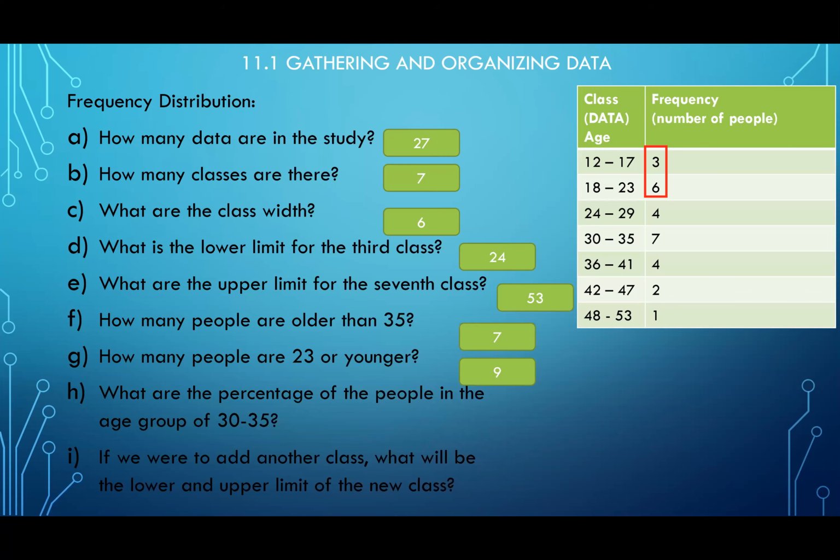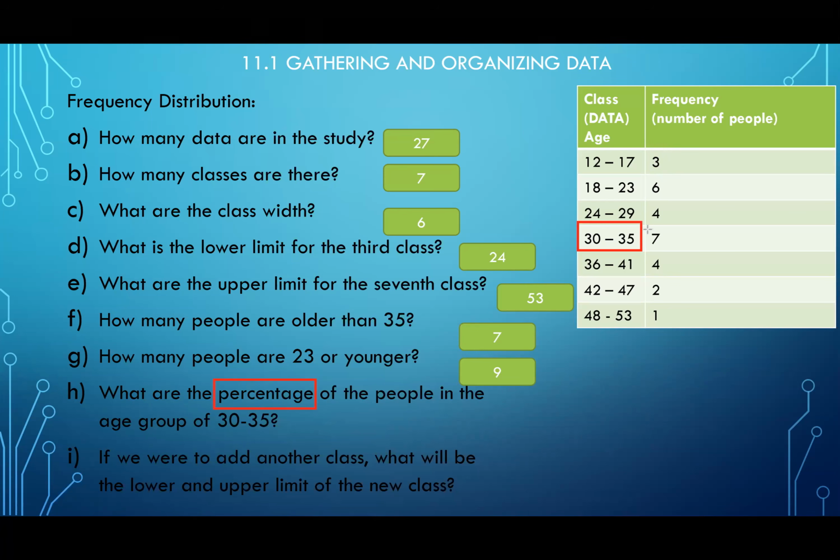And if you look at age, we did this before. It's just that in chapter 10, instead of asking you for a percentage, they ask you for a probability. So it's the same idea. The goal is: what is the percentage of people in the age group of 30 to 35?